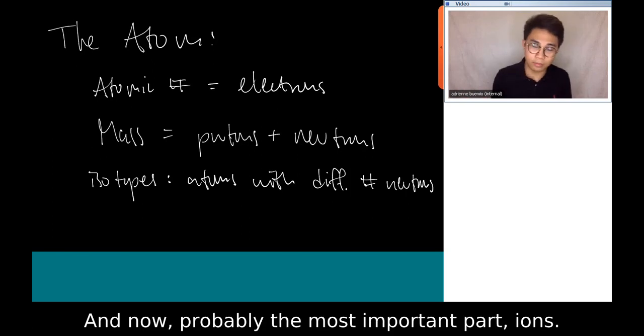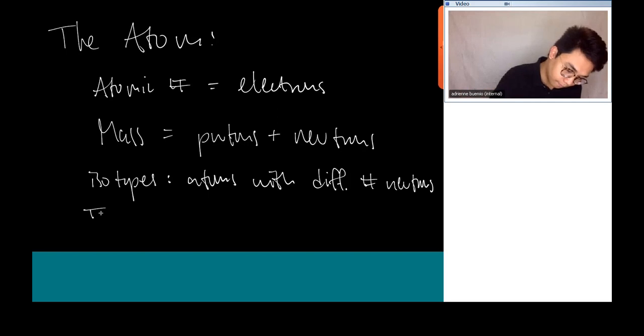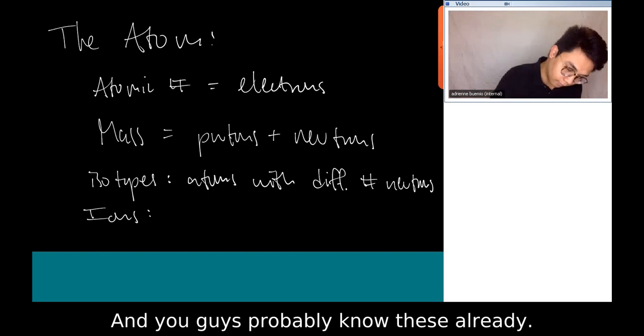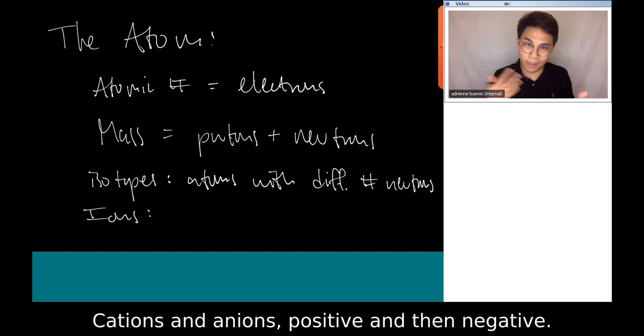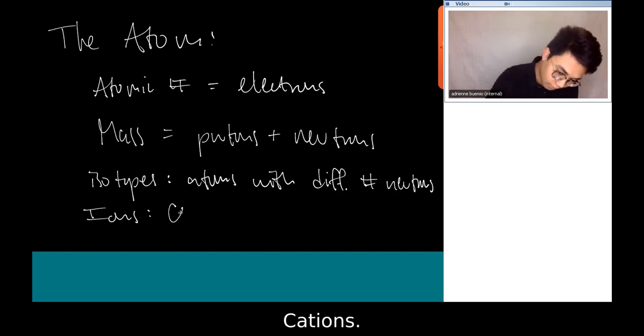And now probably the most important part, ions, and you probably know these already: cations and anions, positive and negative.